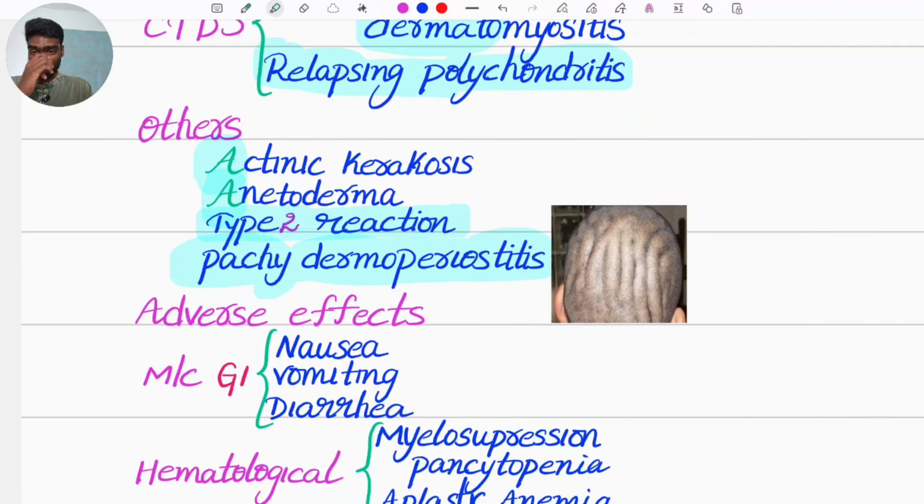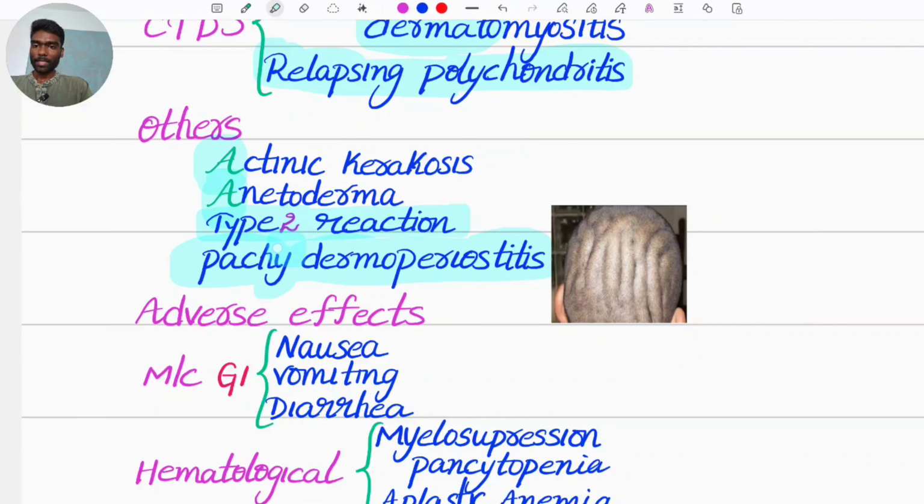Here in actinic keratosis, 0.5 and 1% topical formulations of colchicine will be useful. But this topical formulation is not widely available. That's why I didn't write topical in formulations available.